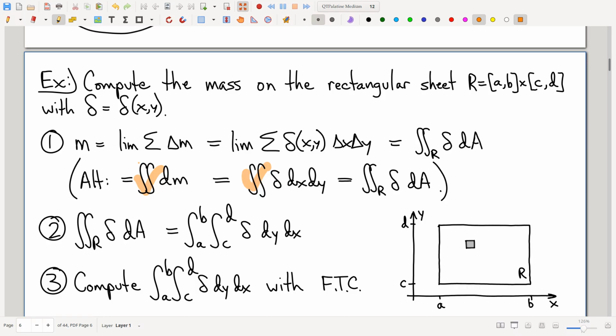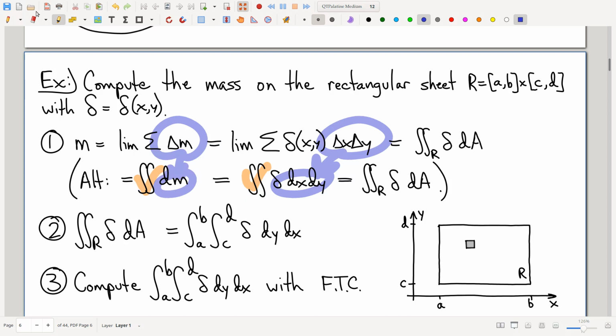Math shorthand for the Riemann sum that I've got written up there. So that's actually pretty common. And then likewise, eventually deltas are going to turn into differentials. And so a lot of people like to go ahead and do that early as well.